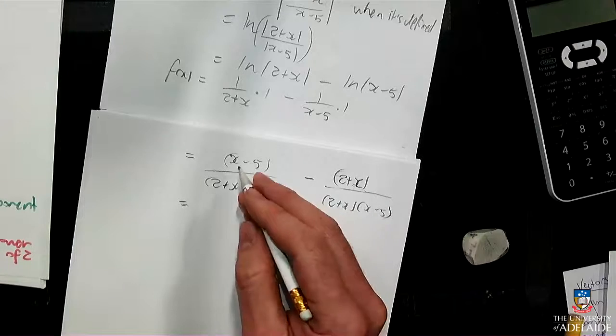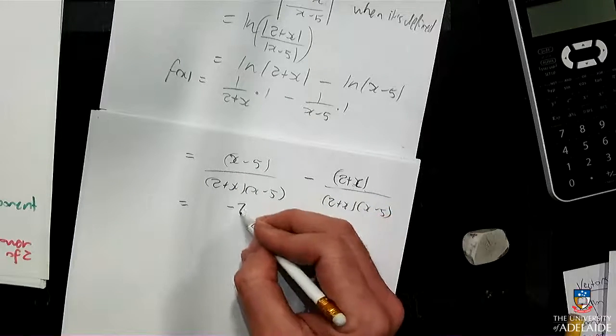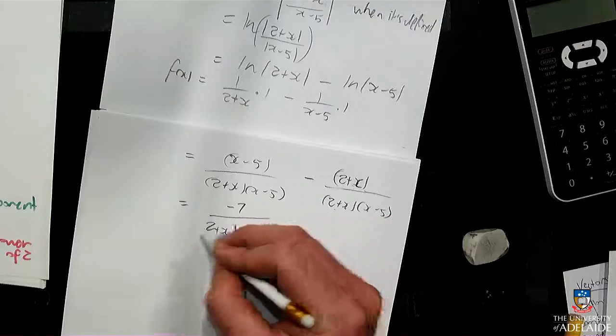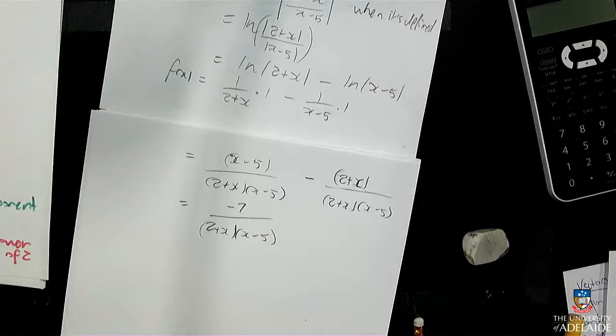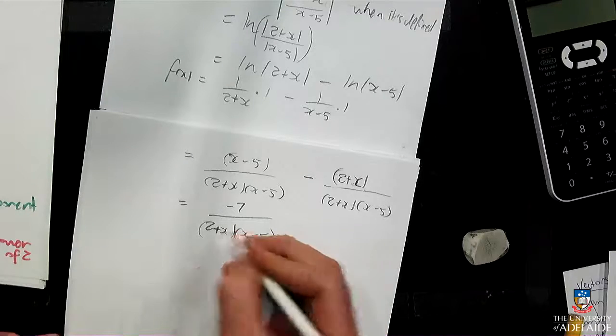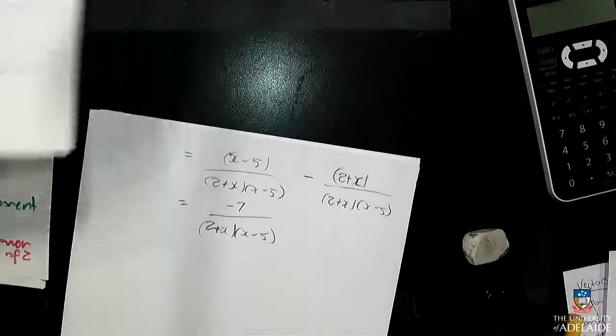And so I've got x minus 5 minus 2 minus another x, which is minus 7 over (2 plus x)(x minus 5). So it's the same answer as the other one, ever so slightly less work and less stuff that could go wrong. Okay. Beautiful. That's some derivatives that I can do.